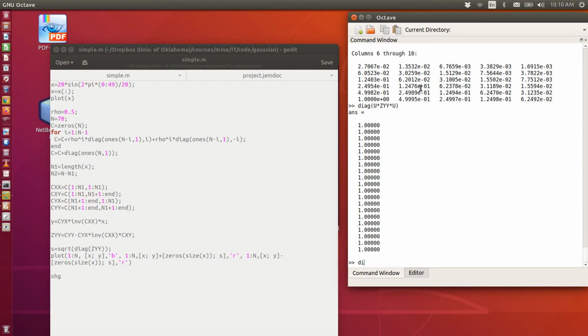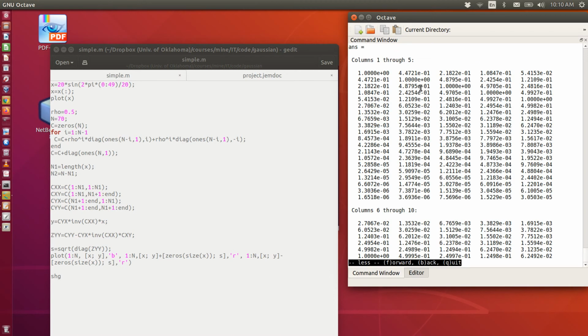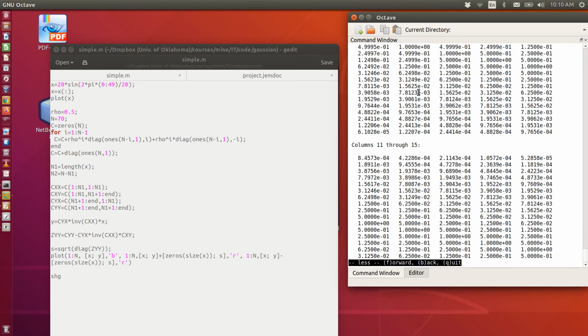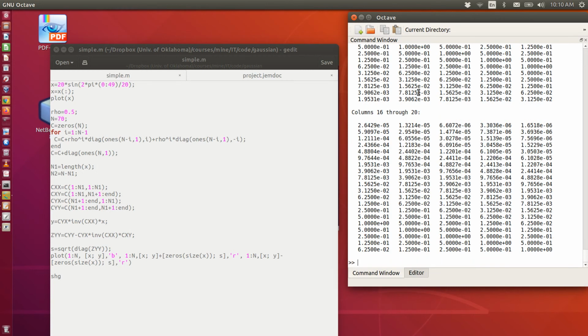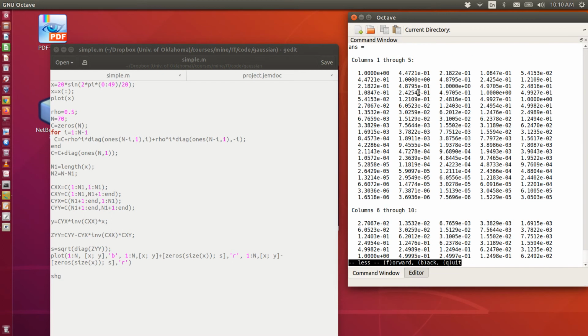That's good. So, that means that the off diagonals will be the correlation coefficient. So, for example, if I look at the 51st, and no, this is already the condition.